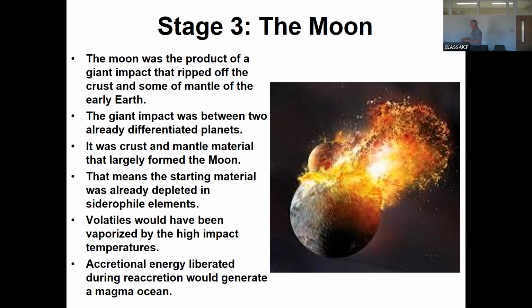But that meant that you already started with a material that was already depleted in hydrophile elements. Since this was a very high temperature collision, volatiles would have been vaporized. And of course, the accretional energy liberated during reaccretion would essentially heat the material that you're accreting into the moon into a magma. And so you get a magma ocean.